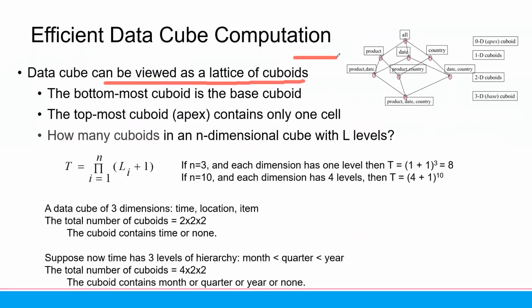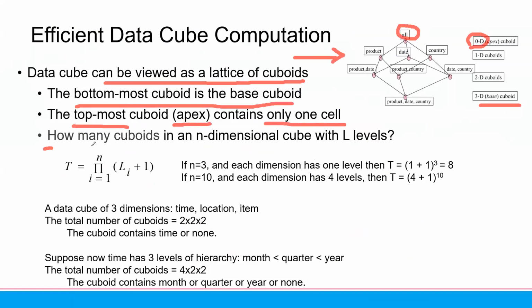So you already know this lattice of cuboids. The bottom is the base, and the topmost is the apex. It means it will have only one cell, so it combines, or it is a zero dimension.